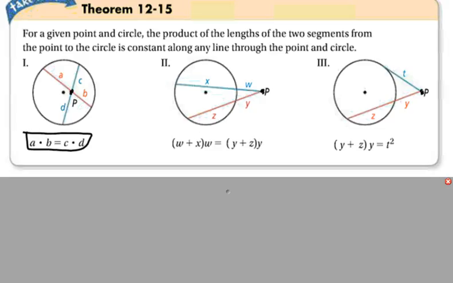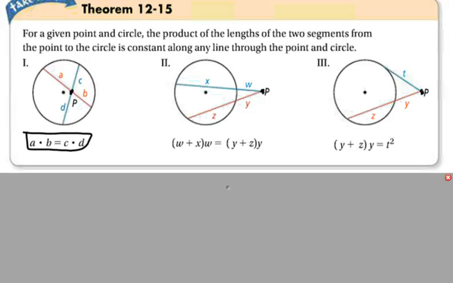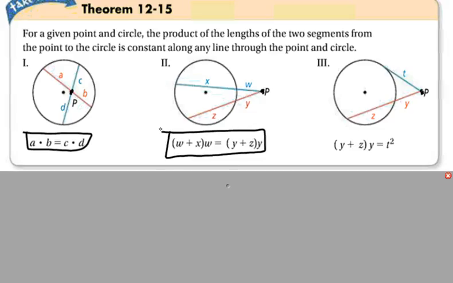Again, crazy relationship, but it'll work like that every time. And trust me, these are probably three of the hardest formulas to remember. But looking at case 3 then, we have one that would be like a tangent line because it only intersects at one part, and then one secant. And this one would be the y plus z, the red one, times the y again, is just equal to t times itself, or t squared.